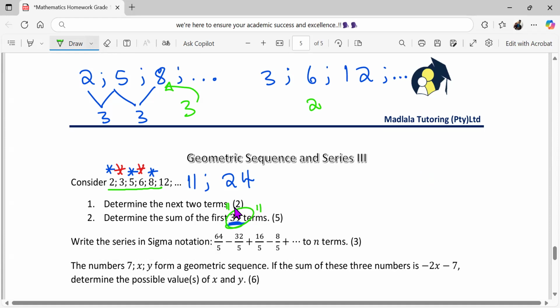Which means in 10 terms, we have 6 for arithmetic and 4 for geometric, which means in 39 terms, we actually have how much? Or maybe we should begin at 40. In 40 terms, we actually have 21 for arithmetic and 19 for geometric. What about in 39?